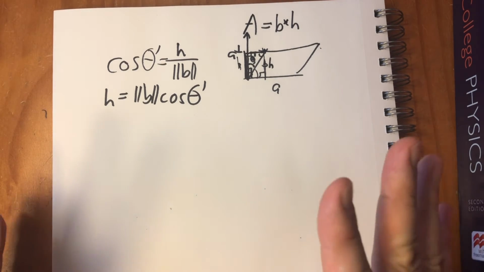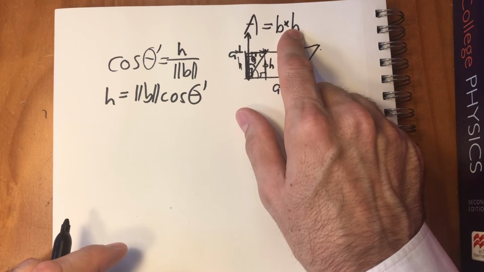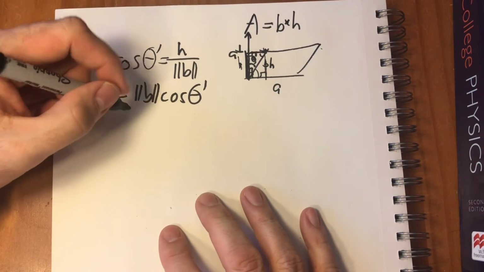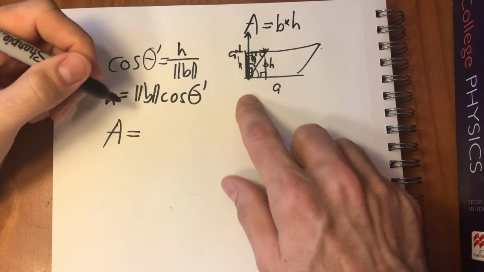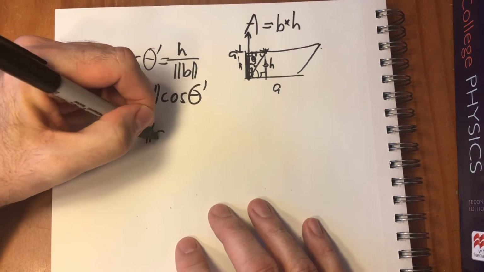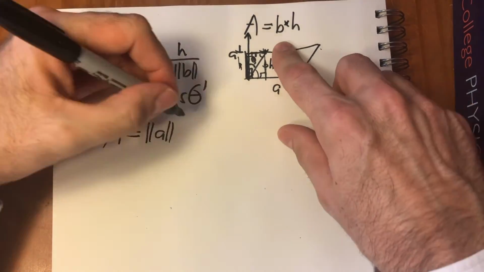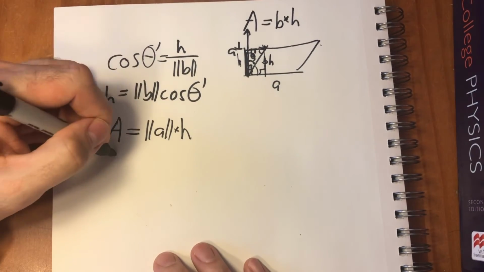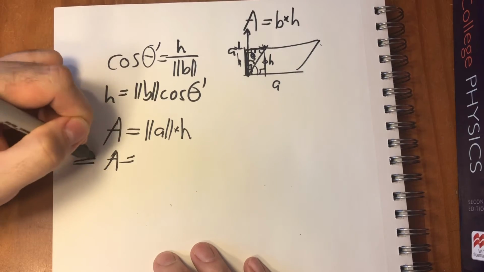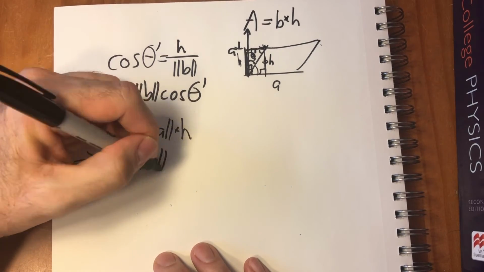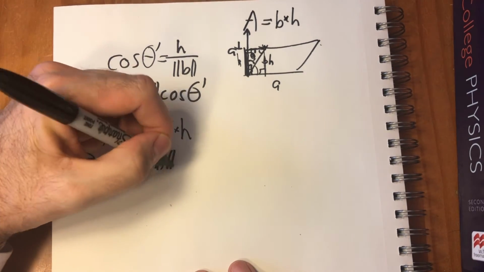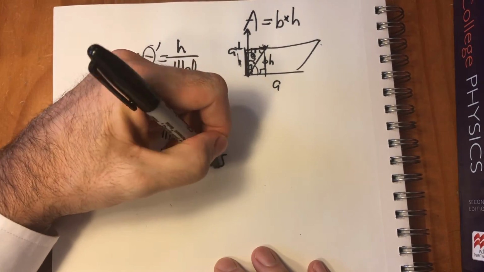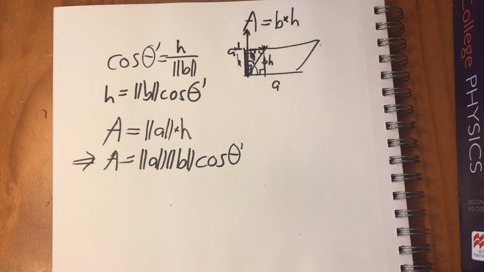Okay, so what's the area of the parallelogram? It is the length of A times the height. And what's the height? So it's the length of A times the length of B times cosine of that.